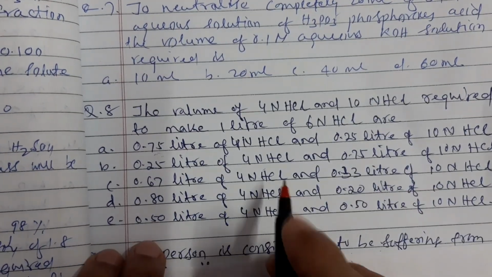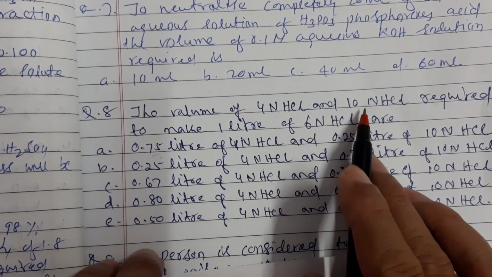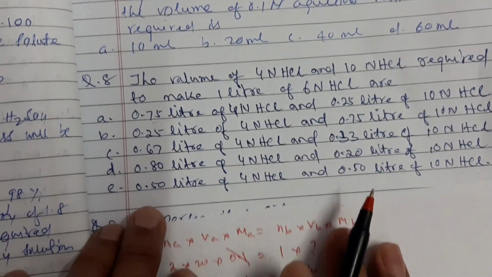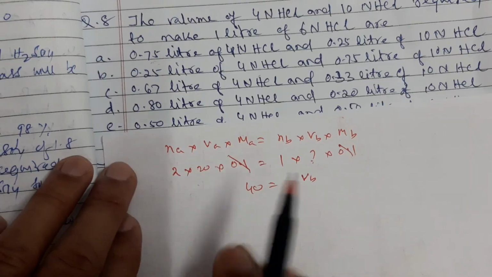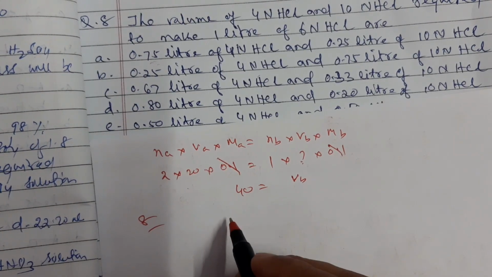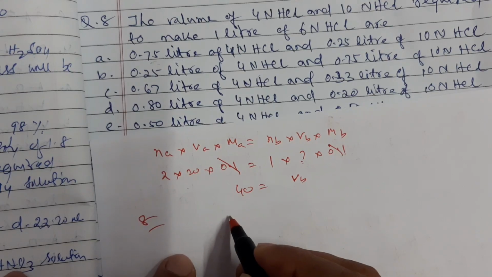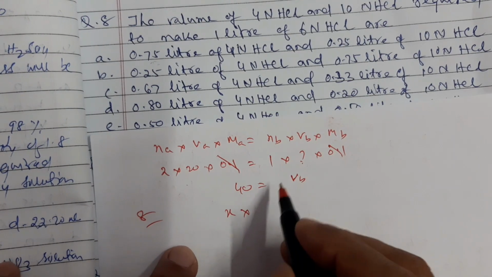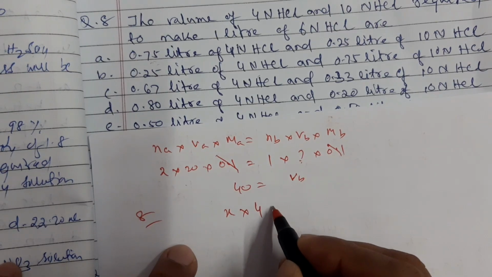Next, the volume of 4N HCl and 10N HCl required to make 1 liter of 6N HCl are what? You see how to do. Question number 8. See, the volume of 4N, let the volume be x, and the normality is 4.